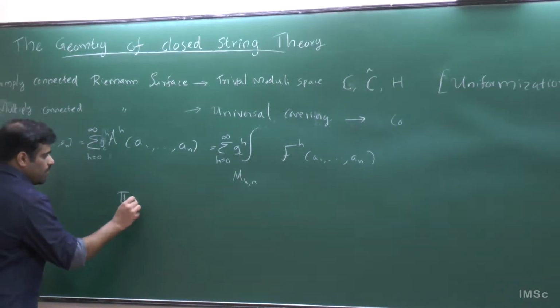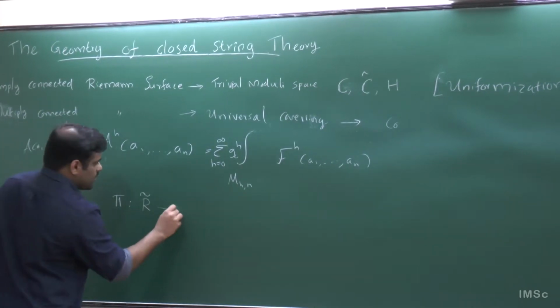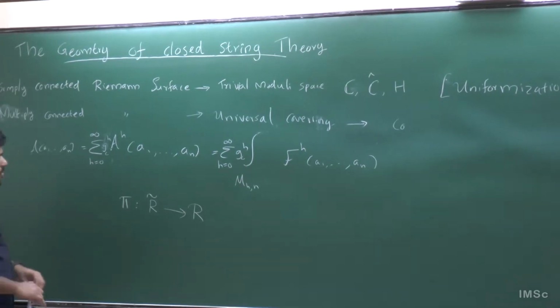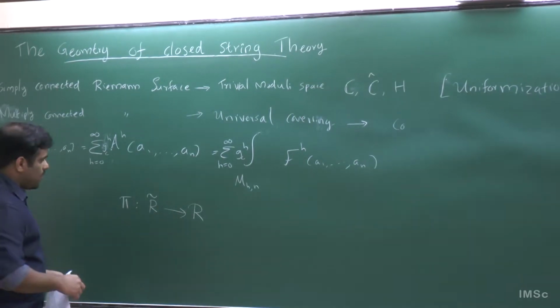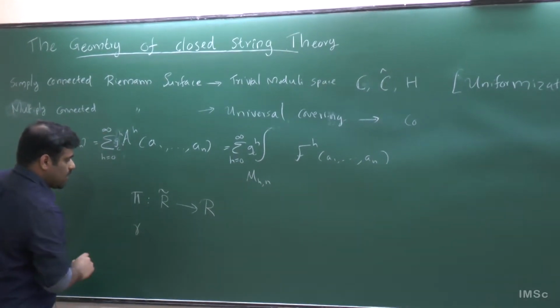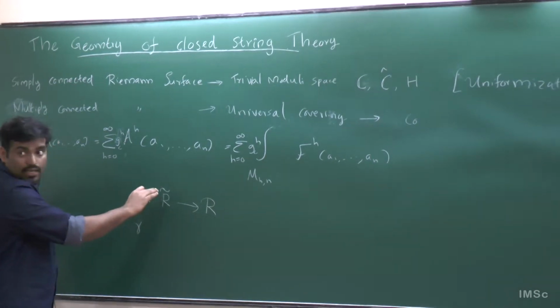We said that we have a mapping from a simply connected Riemann surface to an arbitrary Riemann surface. So pi is the mapping, and then we could define a transformation gamma, which we perform on the Riemann surface R tilde.